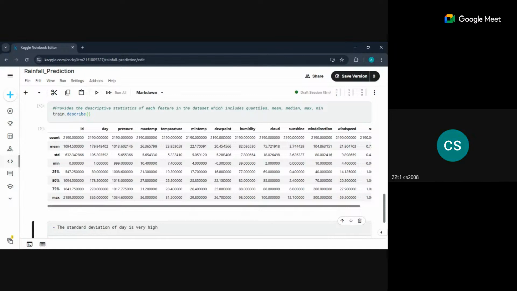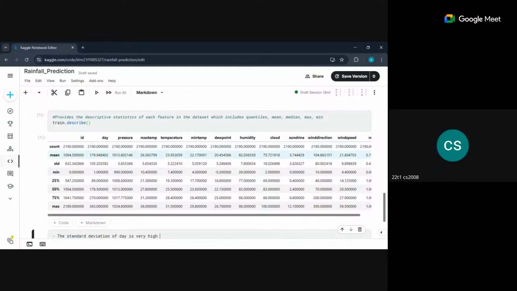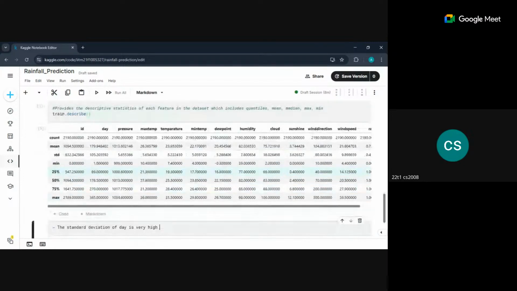But think about it: in the data set it is day 1, day 2, day 3, day 4, day 5, so it will have this kind of deviation, which is why you have a high standard deviation. So the standard deviation of day is very high, but this has no meaning due to the presentation of data. Basically, we cannot compare the days based on the values that they take.